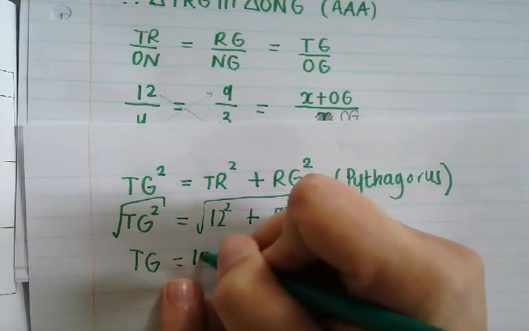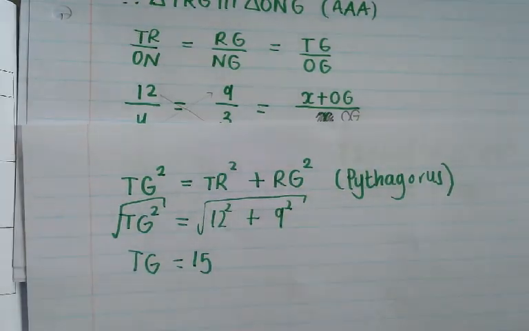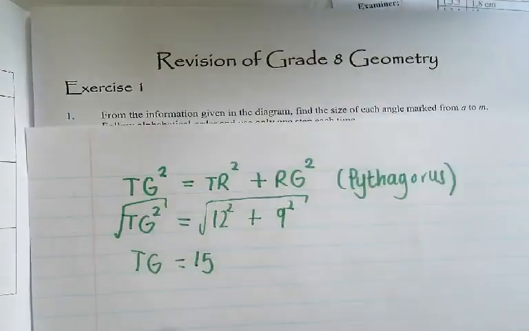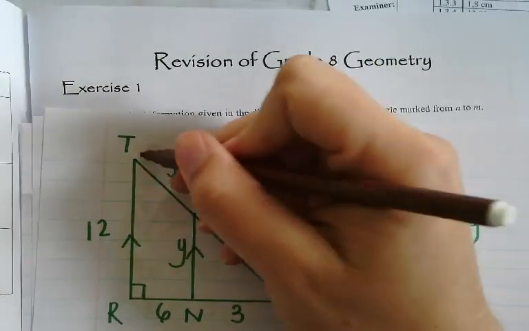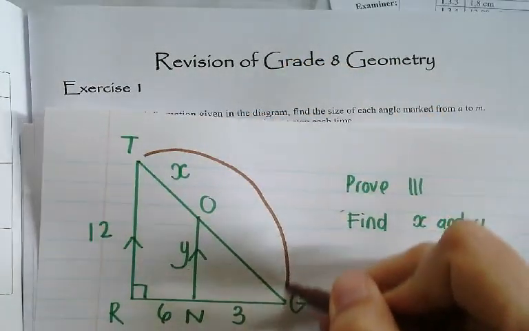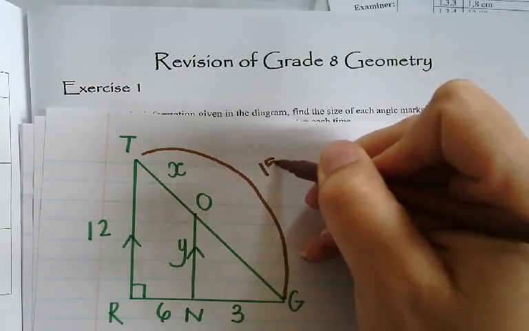So now the full length of TG is 15, and I'm going to draw it on the diagram so you can see what I mean by the full length. My full length is 15.